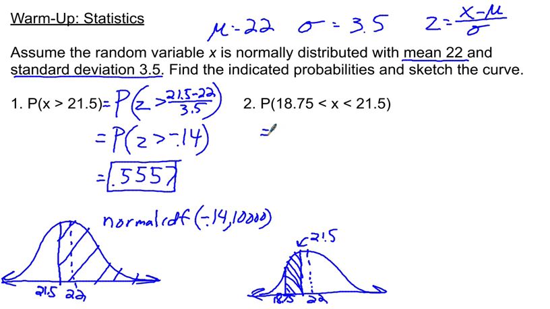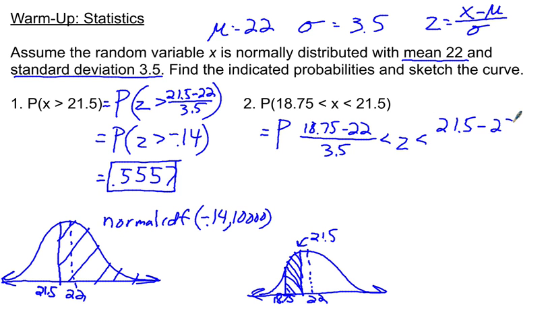So I need to standardize these. So I have 18.75 minus 22 divided by 3.5, and 21.5 minus 22 divided by 3.5. So there's my new probability where I'm standardizing my data values into z-scores.